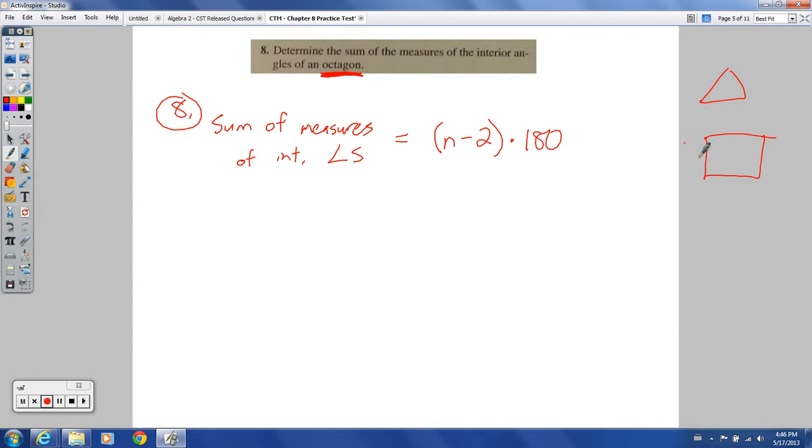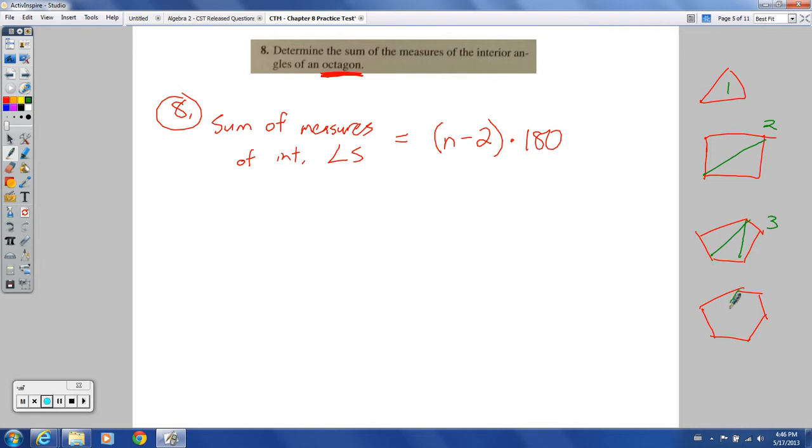So I got a triangle, I got a quadrilateral, I've got a pentagon, I've got a hexagon, and so on. And remember, we can split those up into one triangle. We can split it up into 2 triangles. We can split it up into 3 triangles. Notice it's always 2 less. The number of triangles you can make is always 2 less than the number of sides you start with. That's where this comes from.